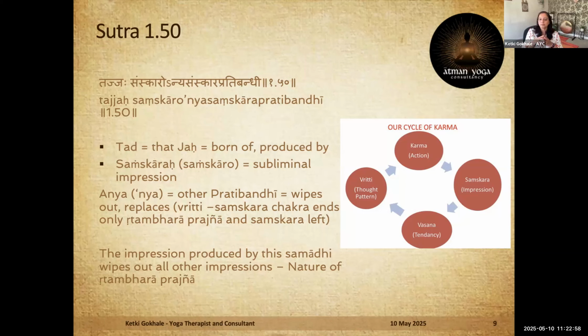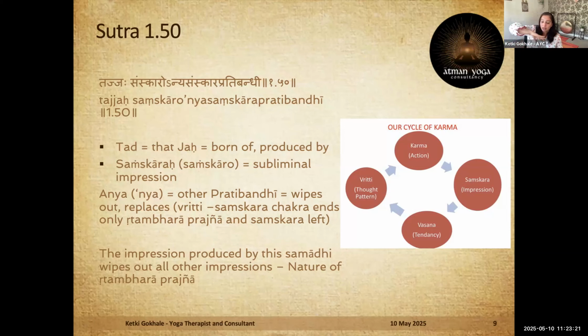Here the samskara chakra ends, but at this stage, Ritambhara Prajna, only this one single vritti is there and related to its samskara.